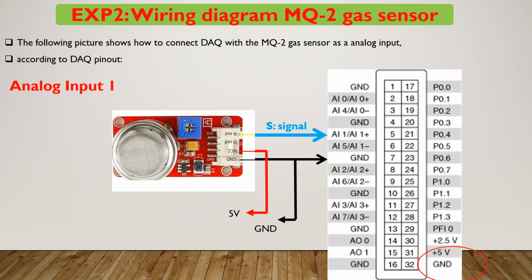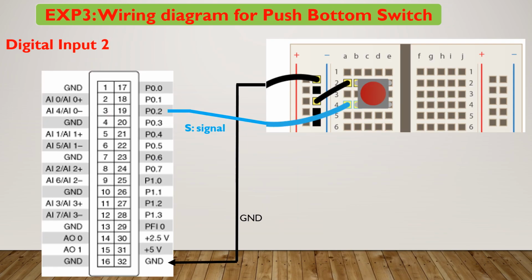So it's very simple to connect the MQ2 module to data acquisition and measure the level of gas in an area by the data acquisition card. So the light blue line is the analog signal we can measure by terminal 5, and we can connect it to analog input number 1.